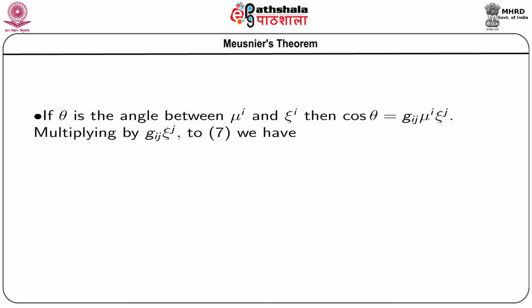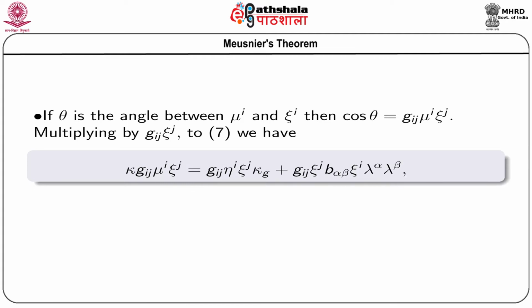Now, if 7 is multiplied by gij xi j, then we have kappa gij mu I xi j equals gij eta I xi j kappa g plus gij xi j b alpha beta xi I lambda alpha lambda beta.